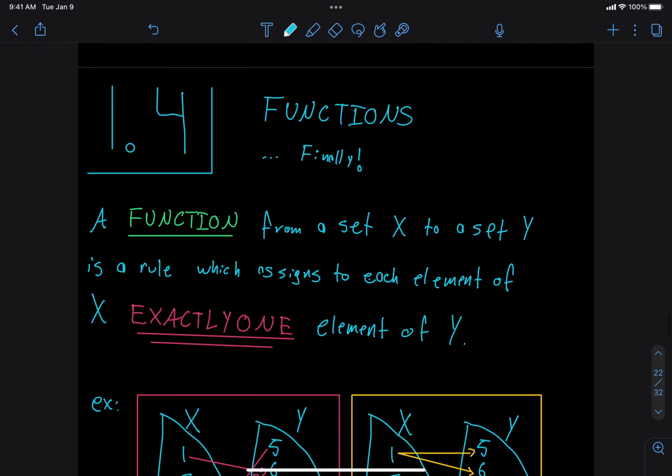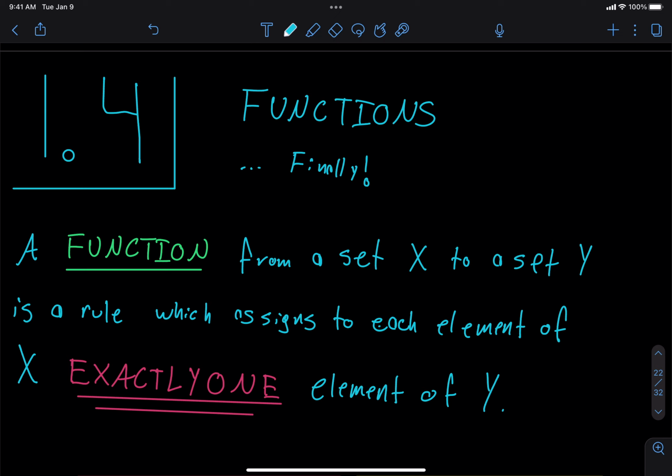All right, well, let's start for today. Today we are going to talk about functions, and I write "finally" here because it feels like we've been dancing around this topic for quite some time now.